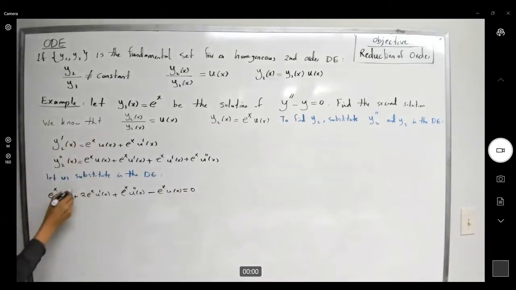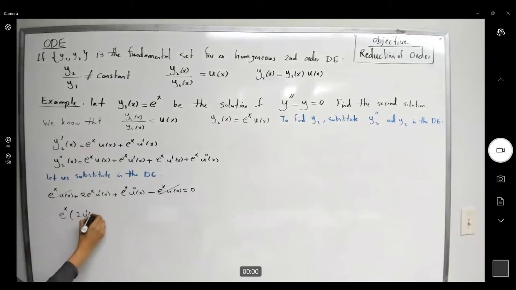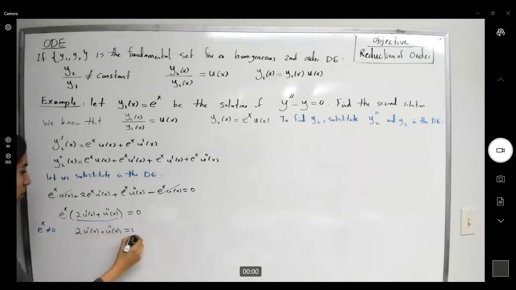As you can see, e to the x u of x minus e to the x u of x, they are opposites of each other. What's left? You have e to the x times 2 u prime of x plus u second derivative, equal to 0. Since e to the x is never 0, you have to set the quantity inside parentheses equal to 0. So what do we have? We have 2u prime of x plus the second derivative of u equal to 0.